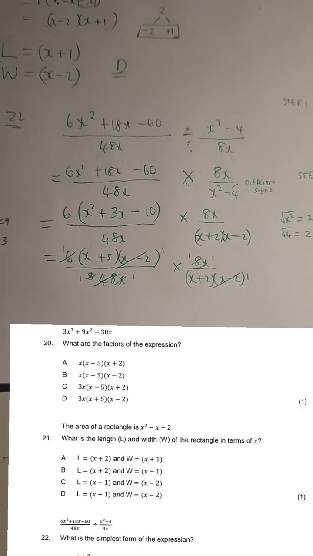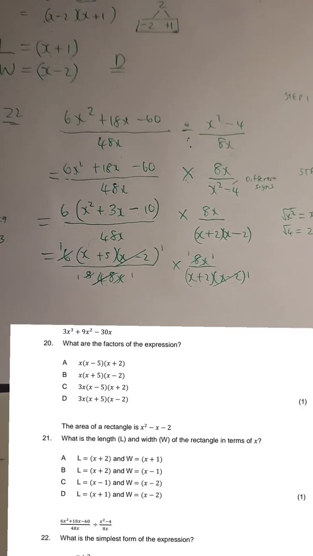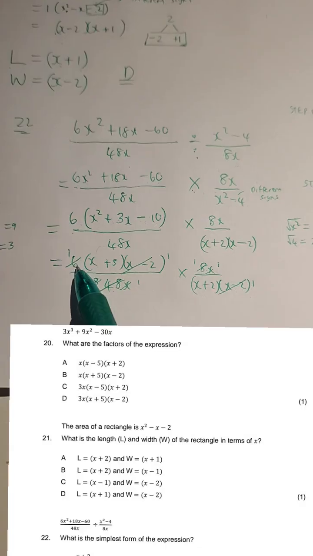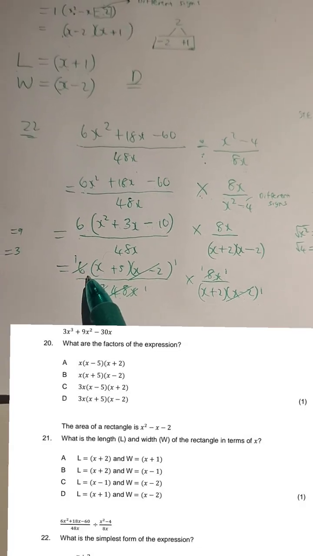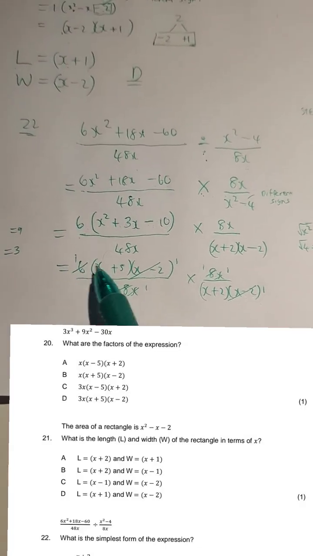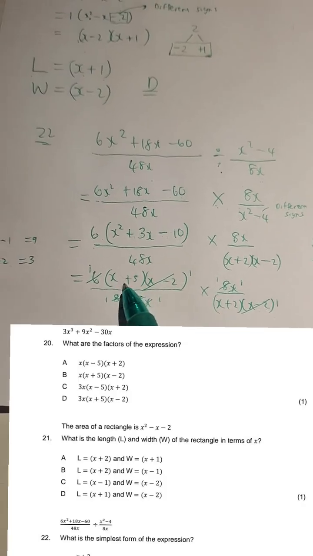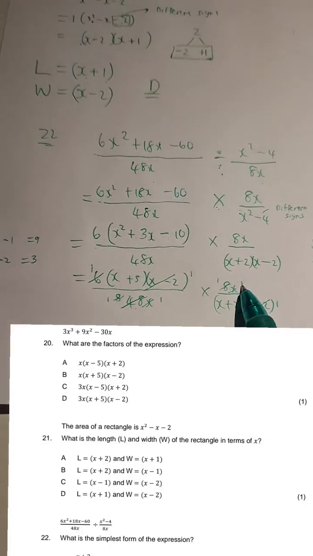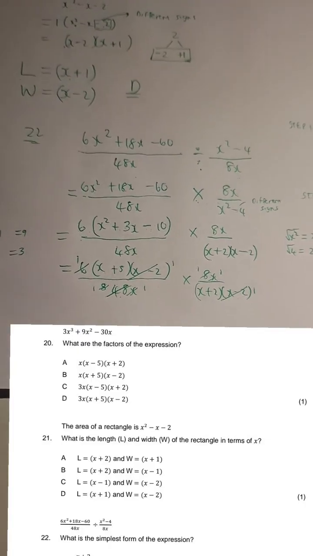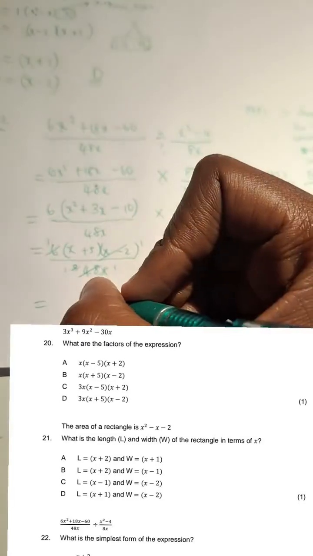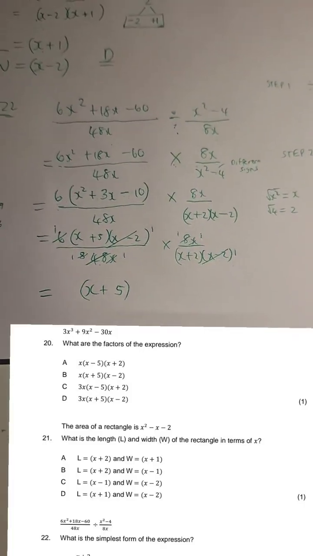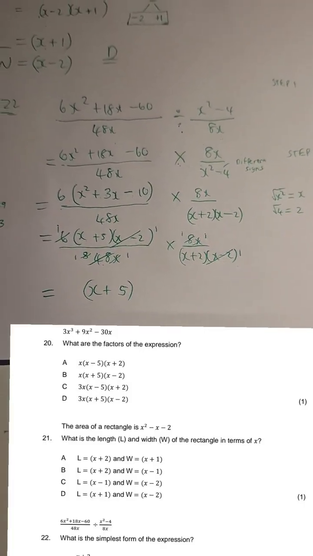So now I'm going to write everything that is left over from the top and the bottom. Now I can simply do this, and it's very nice to do. 1 times x plus 5 in brackets times 1 times 1 times 1. What does that give me in the numerator? In the numerator, it gives me x plus 5.